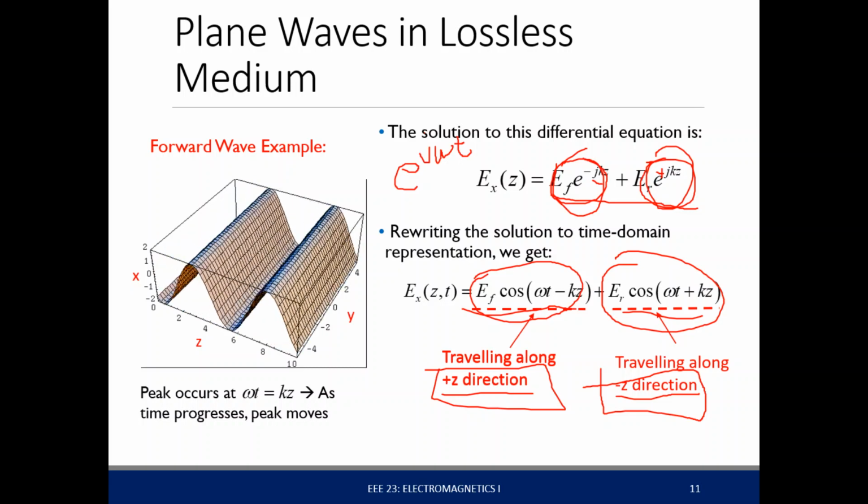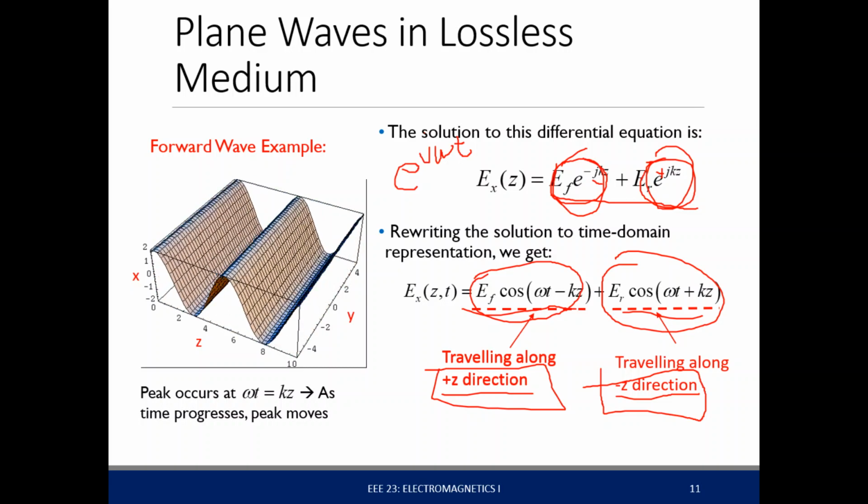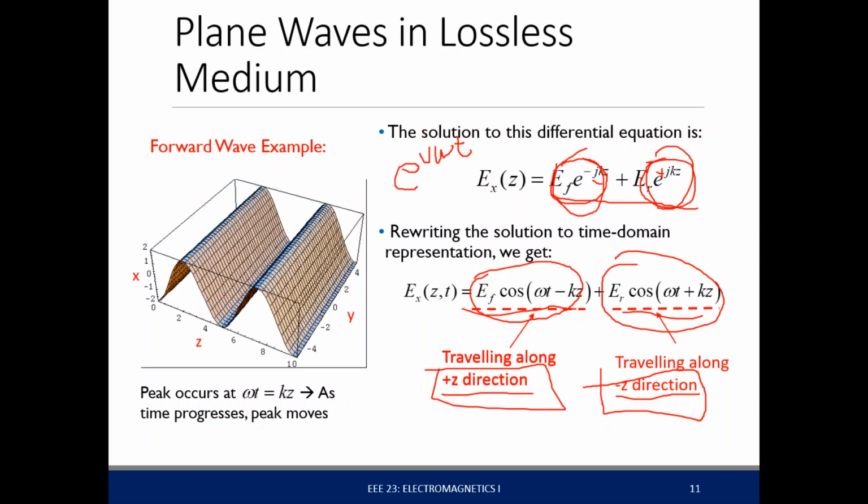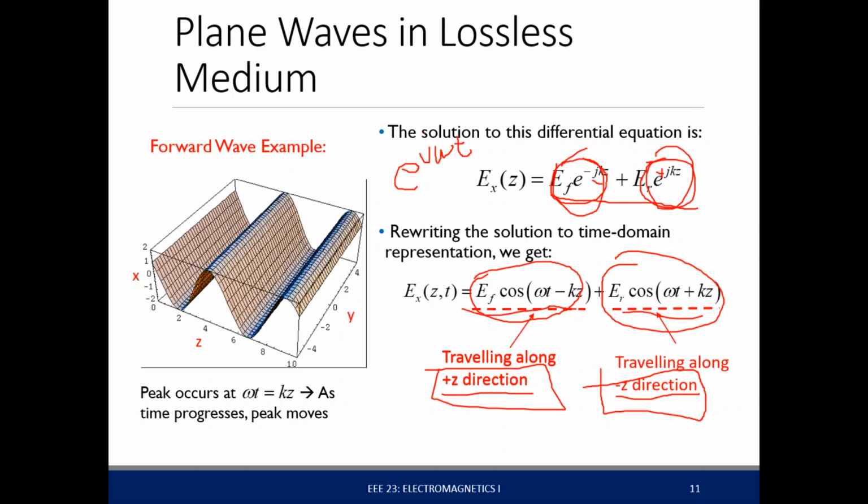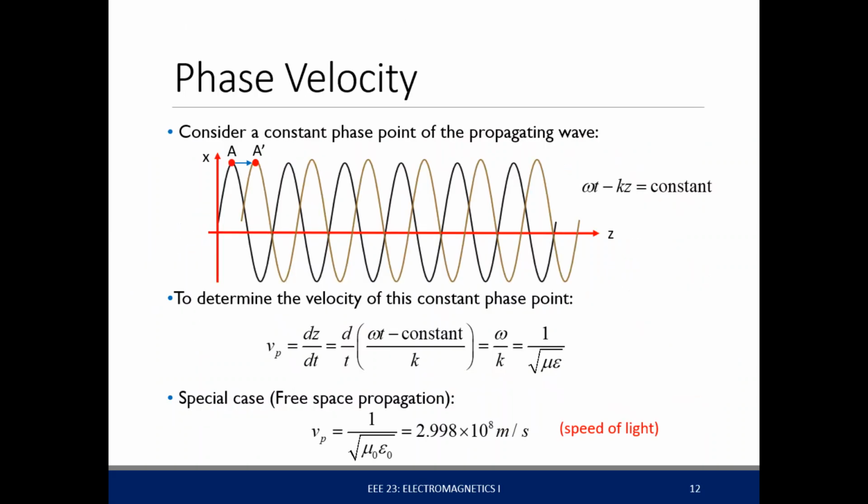So what are the properties of this traveling wave right here? First thing that we want to know is how fast it travels. We can use what we call the phase velocity for that. So consider a point on the wave. Let's say we're looking at the peak. This wave travels some distance with respect to time.